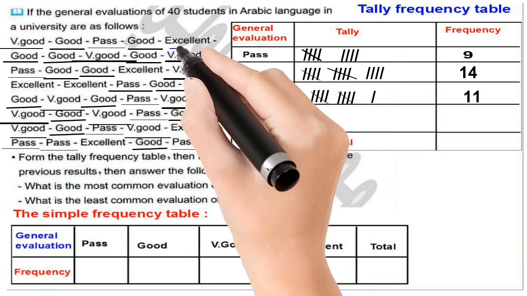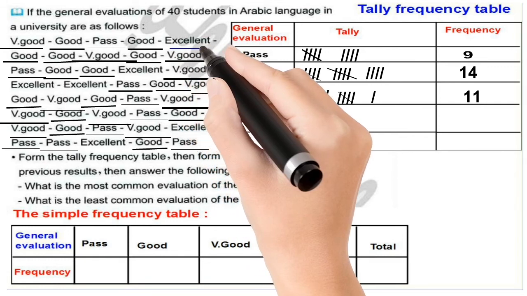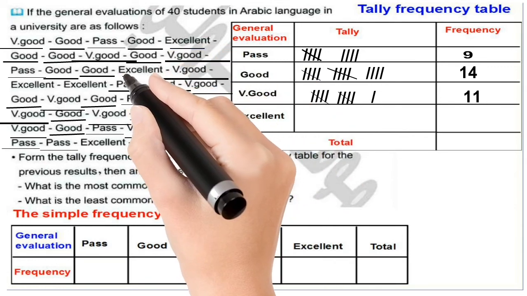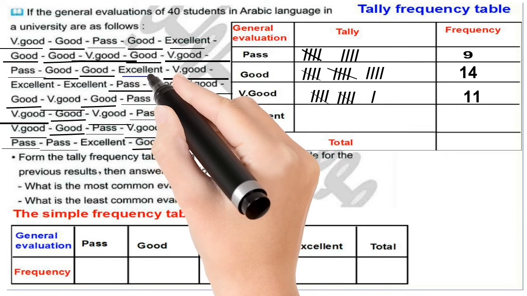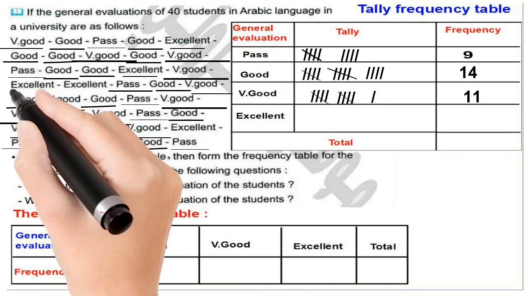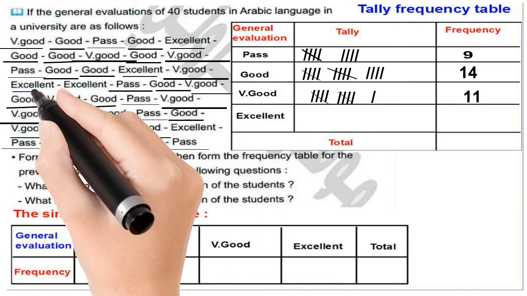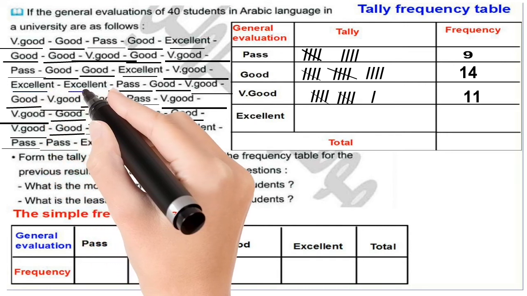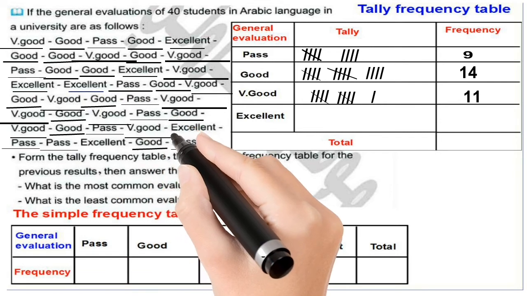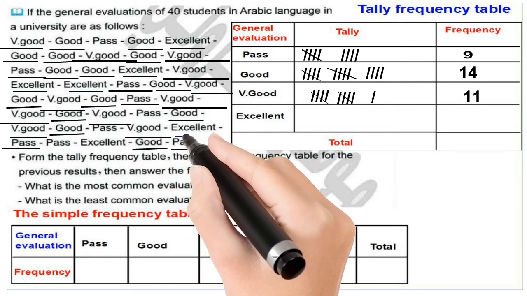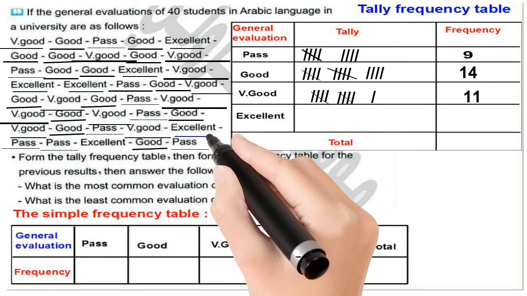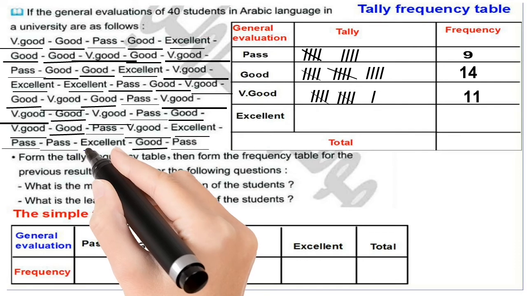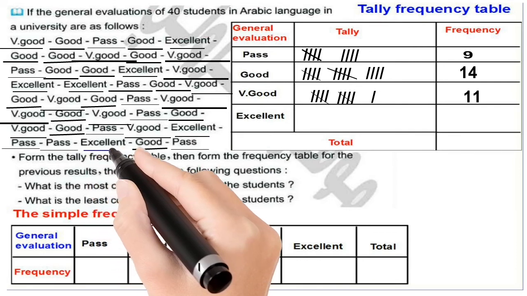And now let's count how many students get excellent. 1, 2, 3, 4, 5, 6.